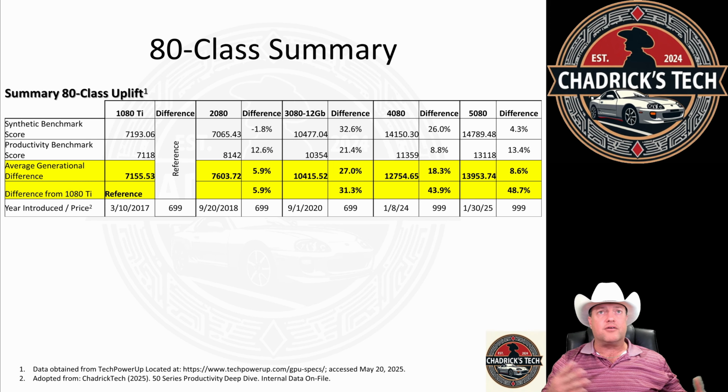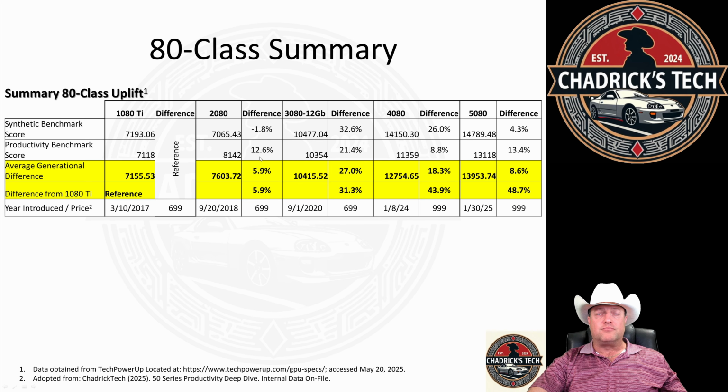So let's put it all together here, from the synthetic scores to the productivity benchmarks. Let's average those numbers together, and what do we see? What we see here is about a 7,000 performance score, and then when you go to a 2080, you got a 6% increase in total performance from synthetics to productivity, somewhere around 6%.